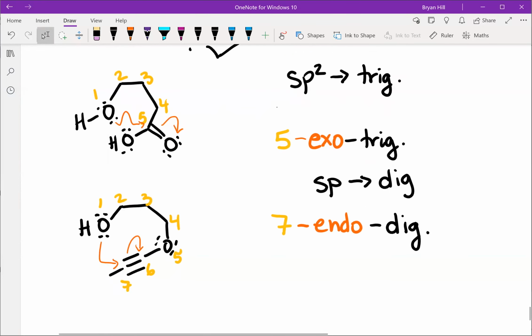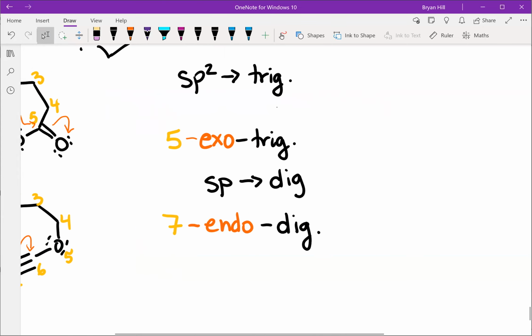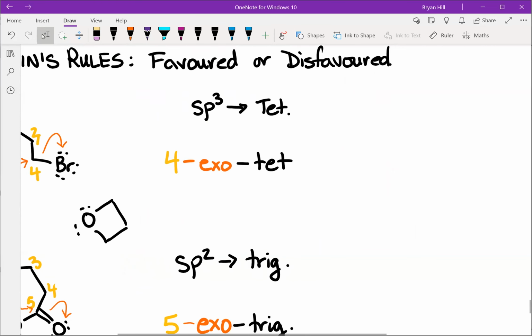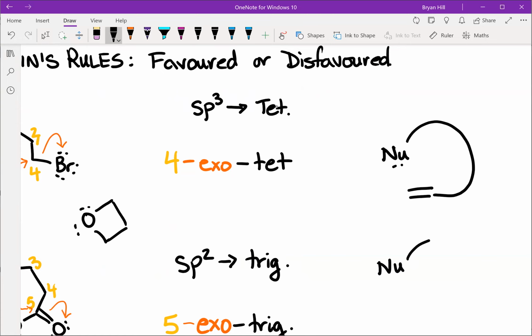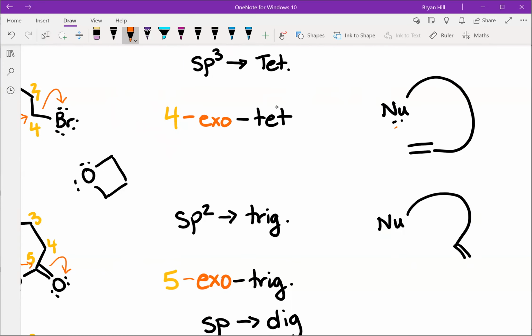And if this might not be clear the way that it's drawn, if you've got your nucleophilic end and you've got a chain, and the nucleophile attacks and the electrons come back into the ring, so we're going to put some electrons there, this would be an endocyclization.